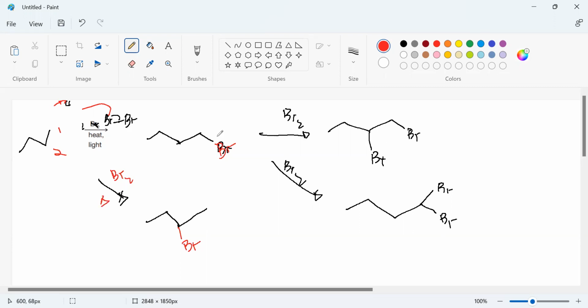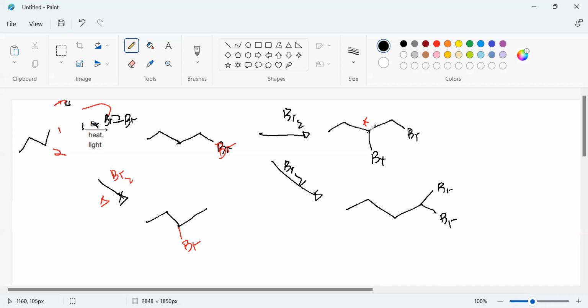Once you have your monobromination, you can have your dibromination. You have your first bromine here, and you can have another here, but you will notice that for this one, it's actually chiral. You have 1, 2, 3. You actually produce this to be chiral. So you can have your hydrogen here, your bromine here.